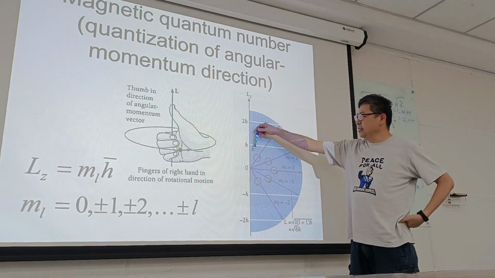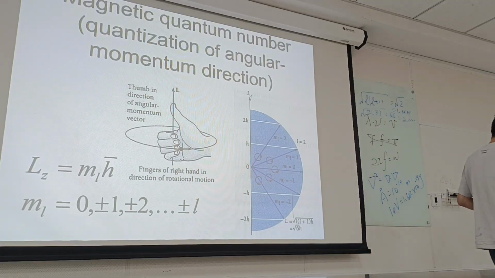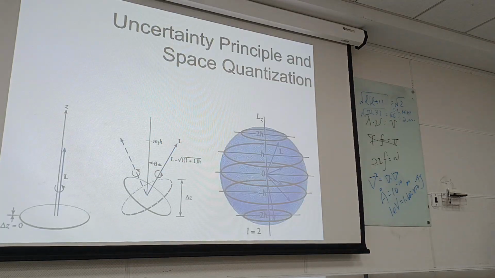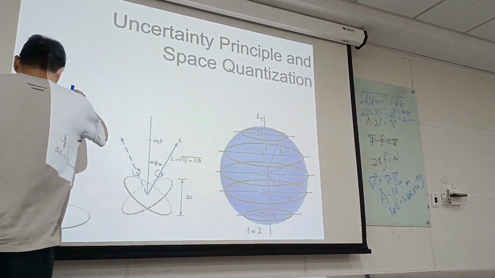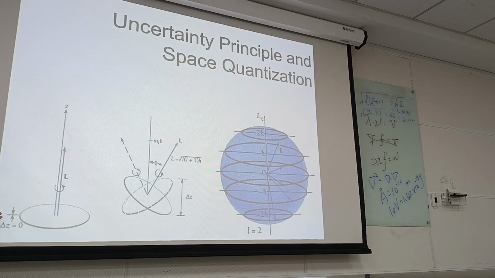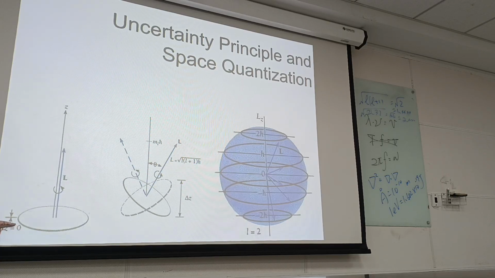In reality, L cannot be here. Why? If L is in this direction, then delta Lz is 0, because L is in this direction. Then our electron will be in the xy plane, and in the xy plane delta z equals 0, right?